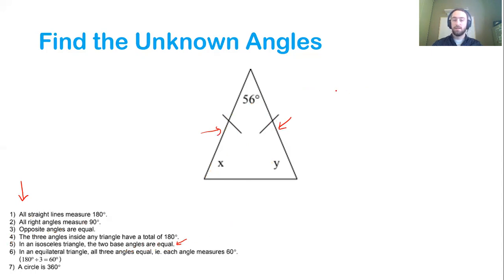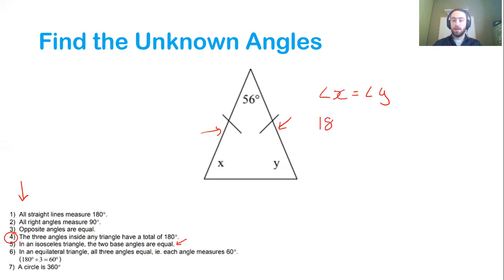So in this case, angle X and angle Y are equal. They're equal to one another. We also know that the 3 angles inside any triangle equate to 180. That's rule number 4.